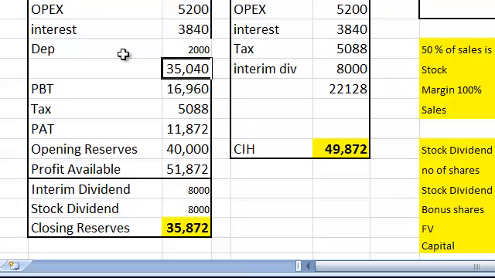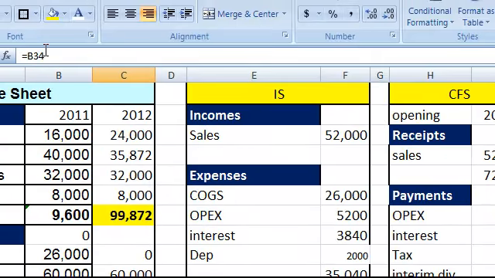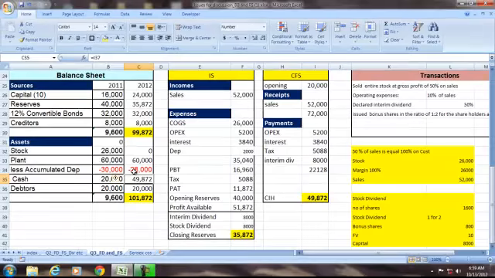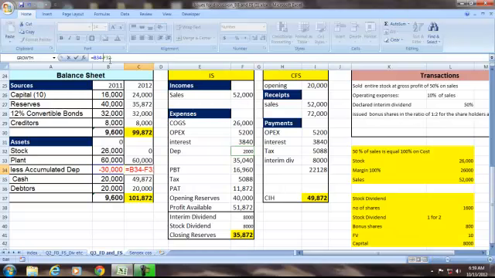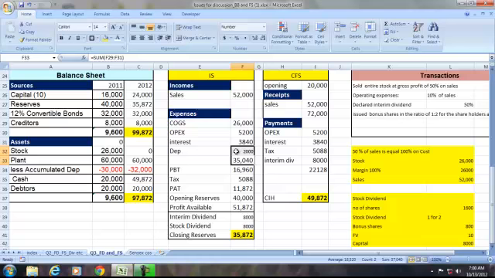When depreciation is 2,000, the cumulative depreciation will increase by 2,000 and the profit will decrease by 2,000. So the profit will now be 37 as the total expense.